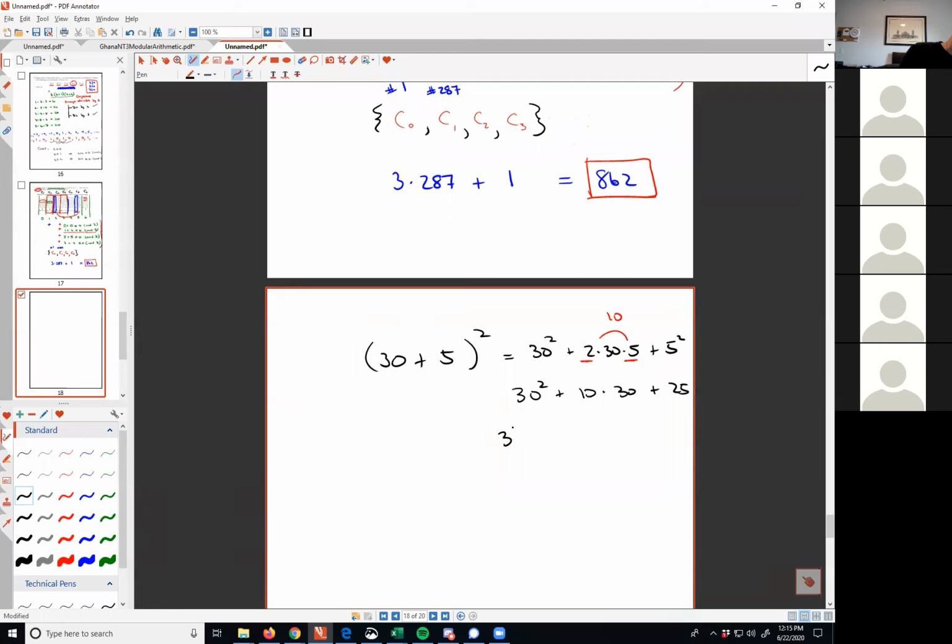I could write that as 3 squared plus 3 times 10 squared, right? Factor out 2 powers of 10. And then 3 squared plus 3 is 3 times 3 plus 1. But that depends on putting this 10 together from that 2 and 5. So that's why squaring numbers that end in 5 have a nice shortcut that's not available to other units digits.